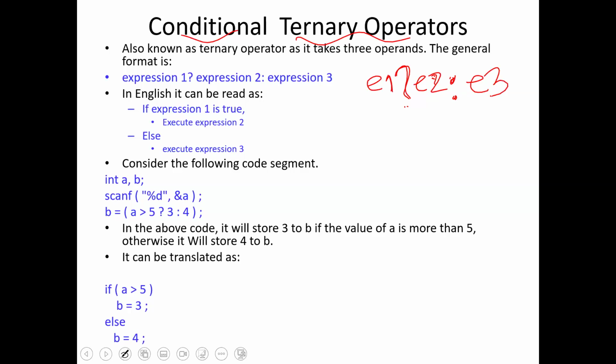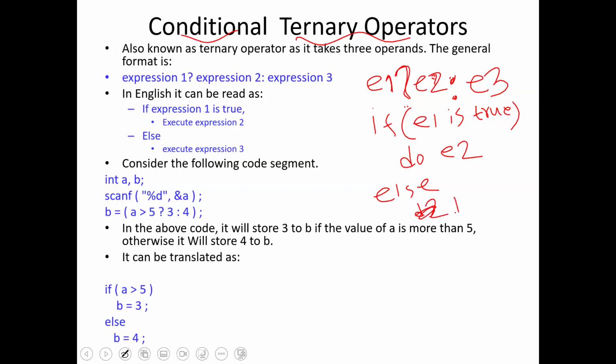You read it like this: if E1 is true, do E2, else do E3. So this is the equivalent of this line.